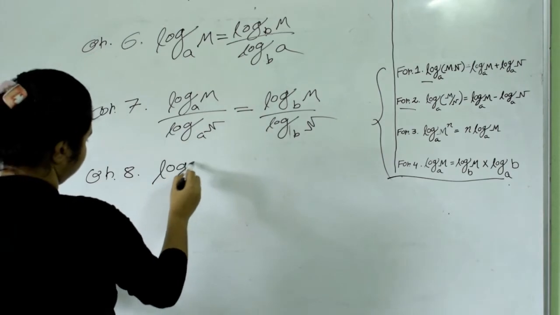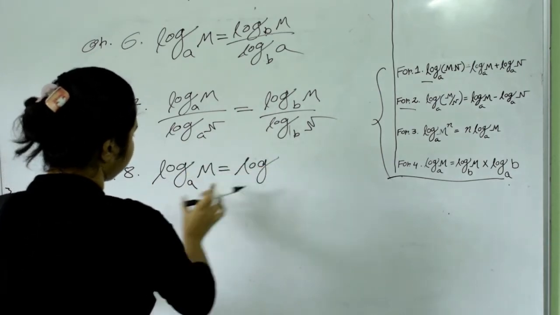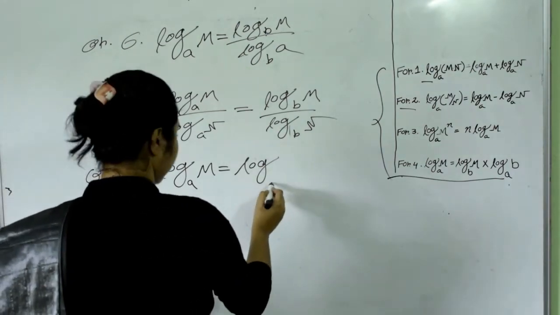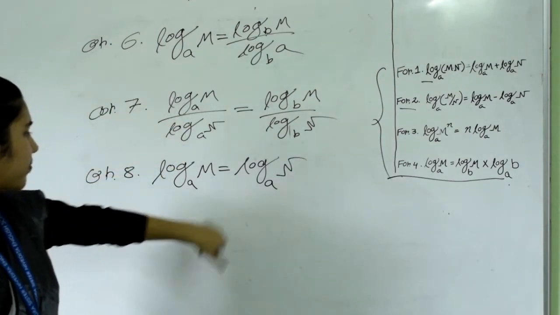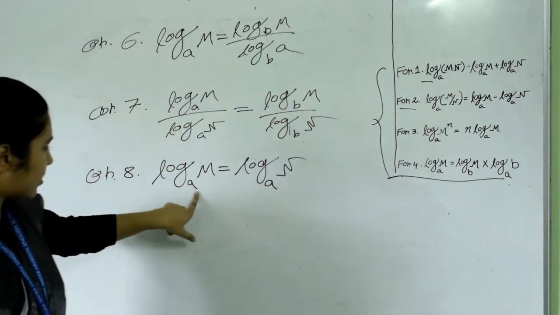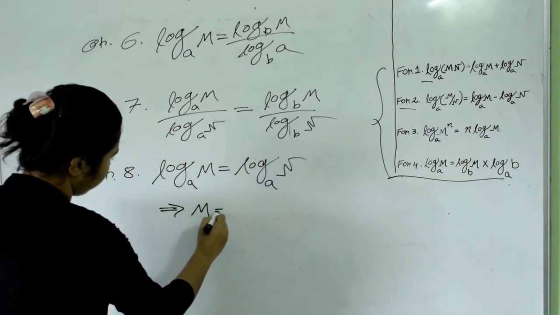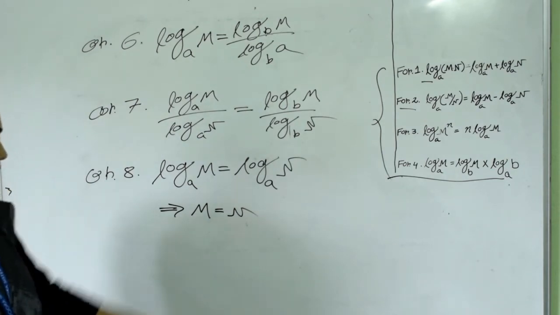Now this is important. Suppose these two log terms are equal and with same base, then we can write it as m equals to n.